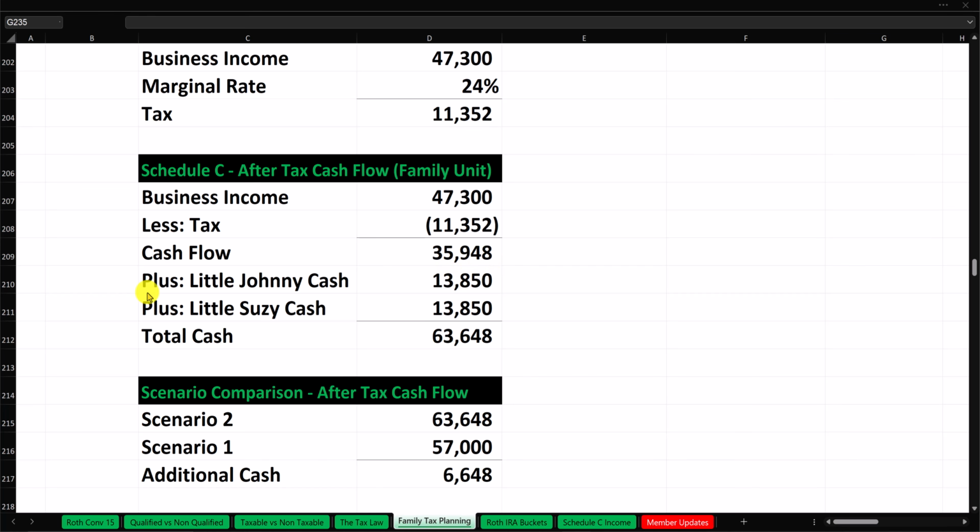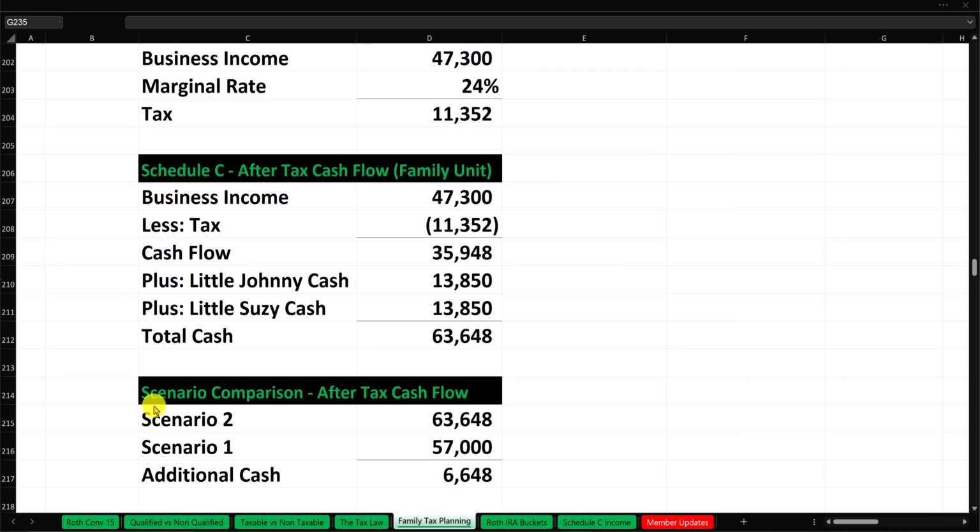But now we also have to add in the cash being held by little Johnny and little Susie. Little Johnny is working with $13,850 and little Susie is working with $13,850 of after-tax cash flow. So when we add up the $35,948 plus the $13,850 plus another $13,850, we end up with $63,648 of after-tax cash flow in this revised scenario.